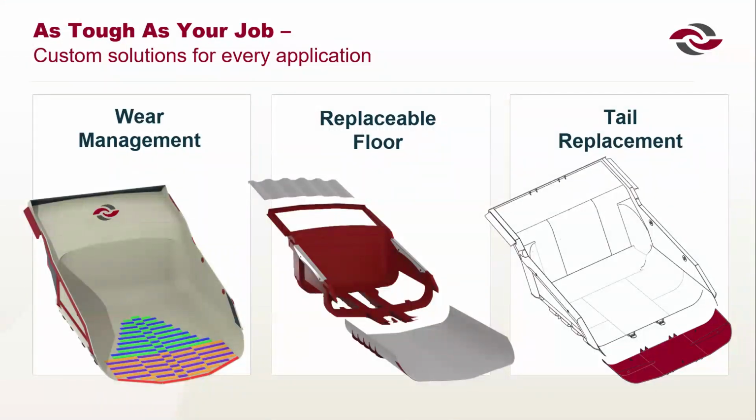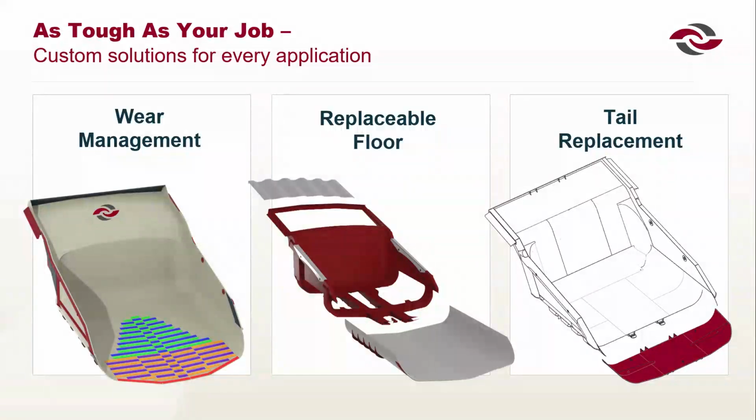Instead of discarding the entire tray when the floor wears out, we retain the skeletal structures and replace only the worn plates. And of course, this reduces the cost and downtime dramatically. And finally, the tail replacement offers the same benefit.